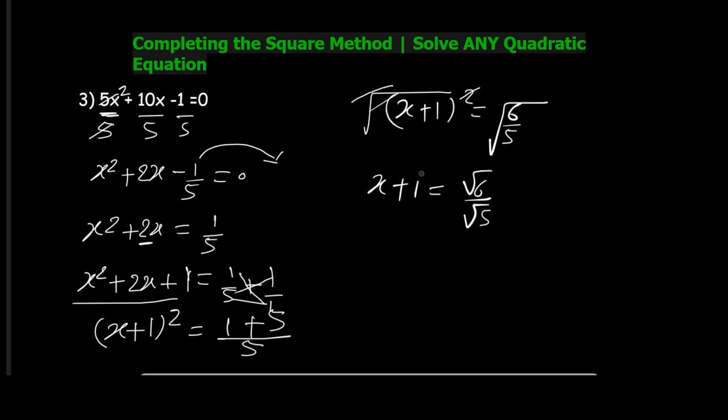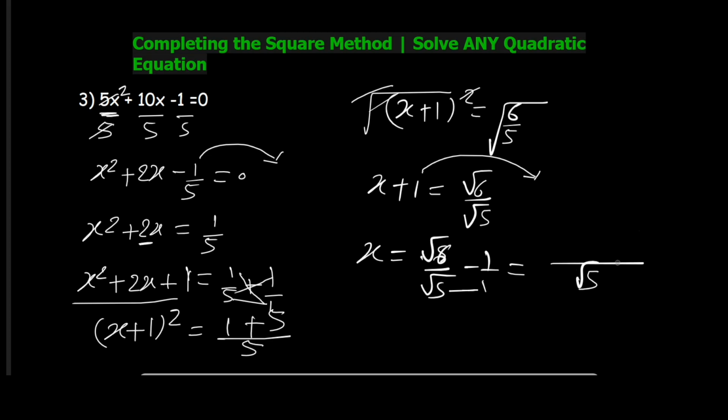I'm going to take this 1 to the right side of the equation to find the value of x, which equals root 6 over root 5 minus 1. So here is our answer.